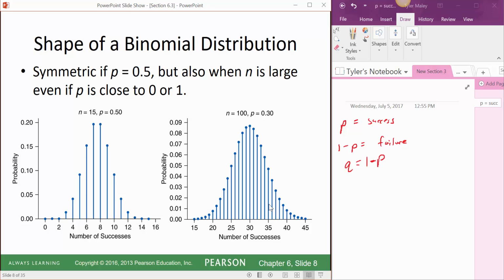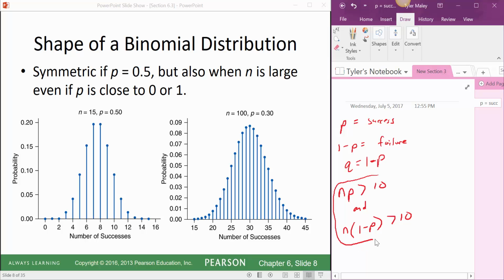The general rule of thumb is that you want n times p to be bigger than 10, and you want n times q, which is 1 minus p, to be bigger than 10.